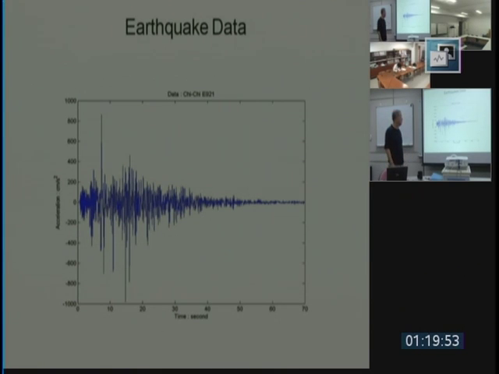Here, I use the earthquake record, the Chi-Chi earthquake, station 921. This is the largest acceleration ever recorded during the earthquake. It almost gets to 1G, minus 1G.